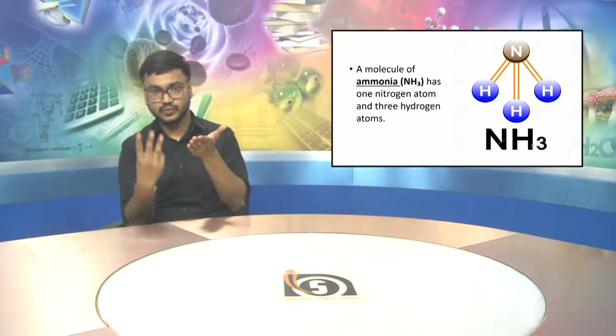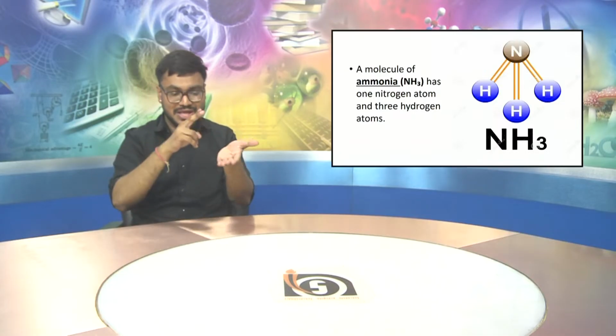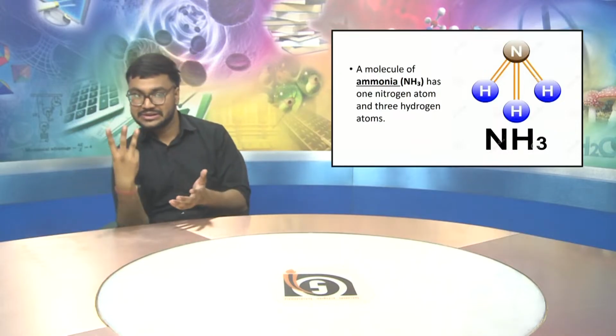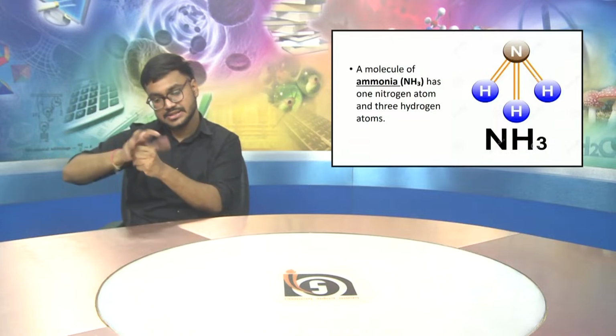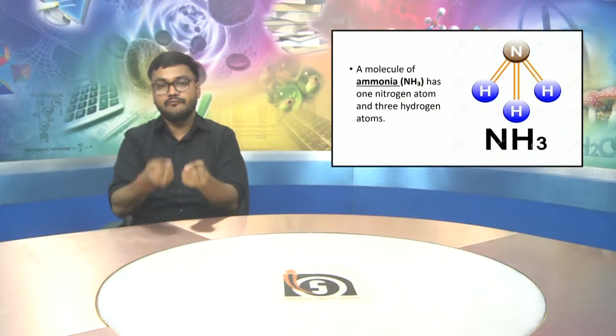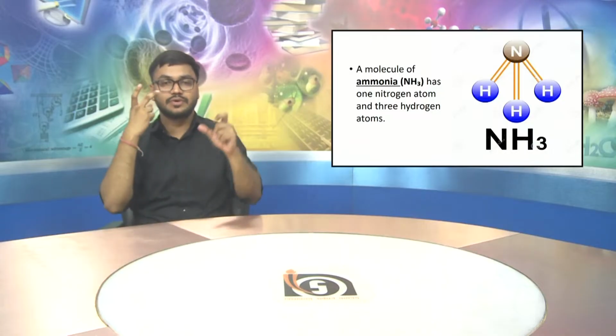A molecule of ammonia, NH3, has 1 nitrogen atom with 3 hydrogen atoms. For instance, you can look at the figure.